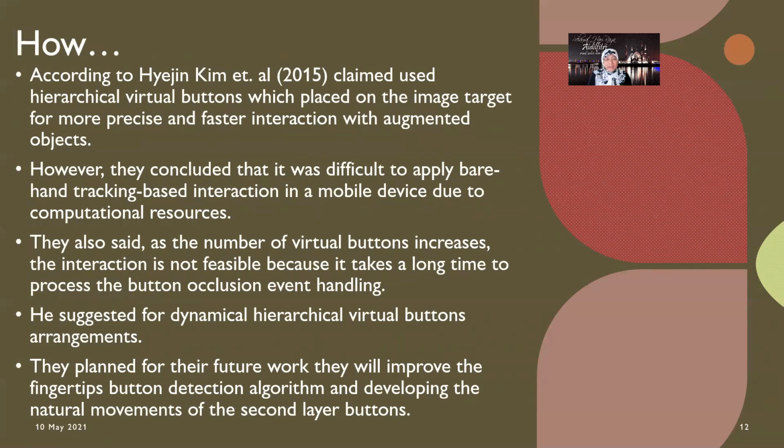According to Heijin Kim et al., 2015, they claim to use hierarchical virtual buttons placed on the image target for more precise and fast interaction with the augmented object. So I would like to see this when you present, because the presentation should present your document, your LR, not introduce the scope of your title.